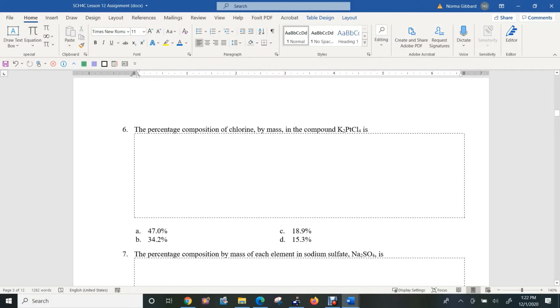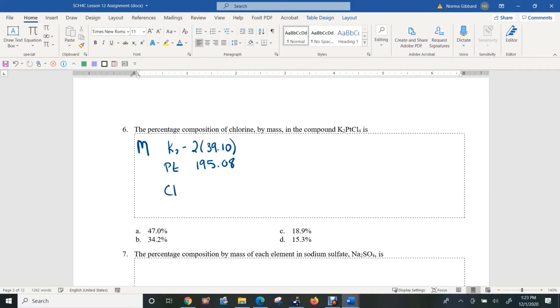And so we want the percentage composition of chlorine by mass in the compound K2PtCl4. So again, we start with finding our molar mass. K2 is 2 times 39.10 from your periodic table. Pt is 195.08.